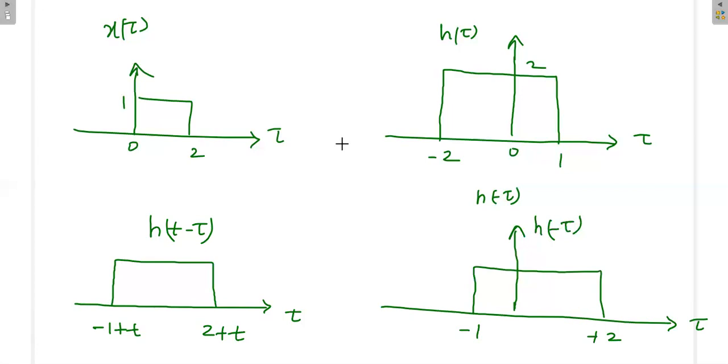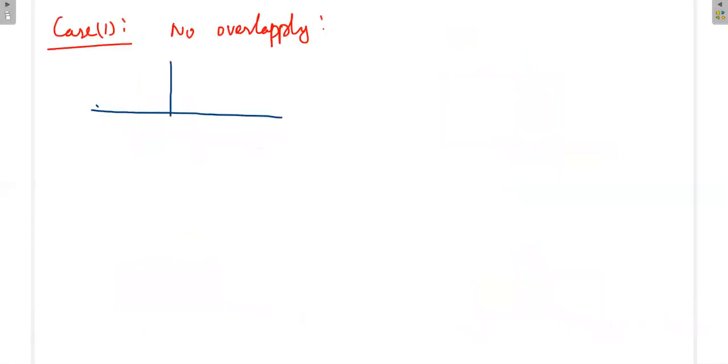The first case, Case 1: no overlapping. Already x of tau is like this, from 0 to 2.